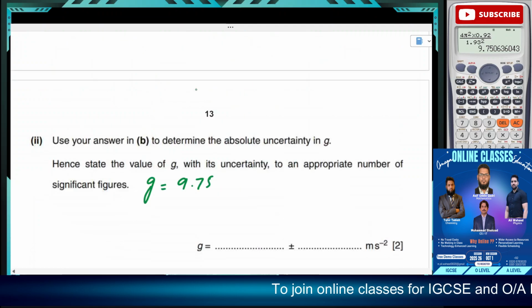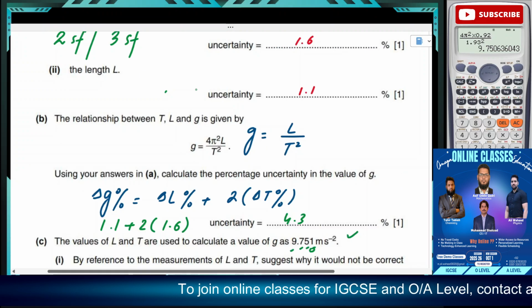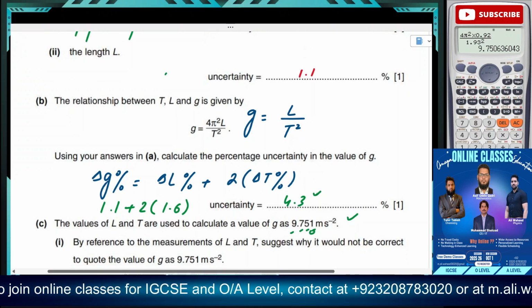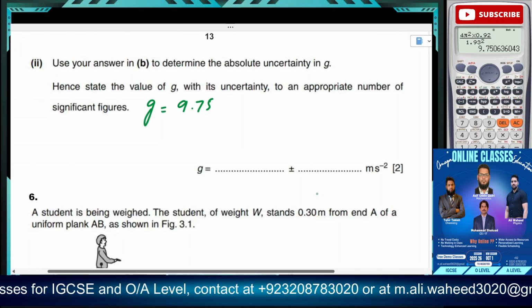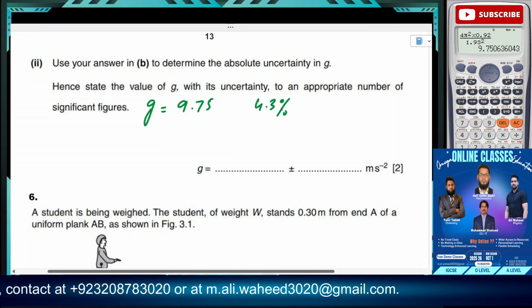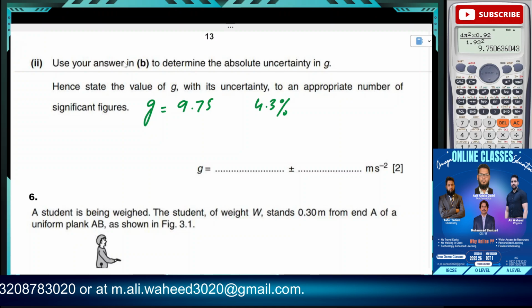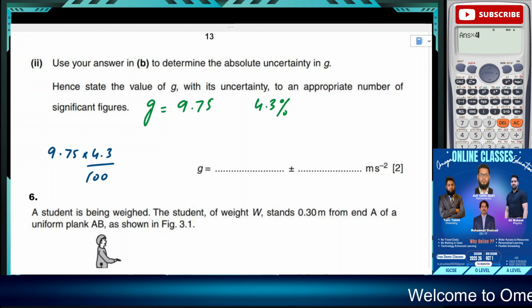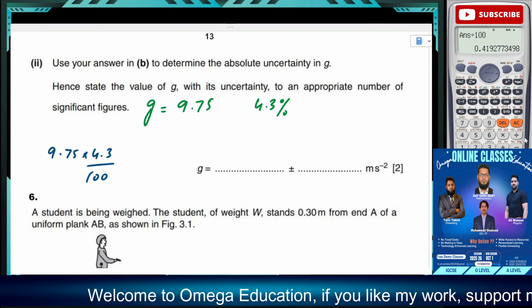Now what is the absolute uncertainty? For the absolute uncertainty, we need the percentage uncertainty, which is 4.3. So I'll find 4.3% of my principal value. How do we find it? 9.75 times 4.3 divided by 100. So let's hit it on the calculator. Times 4.3 divided by 100.